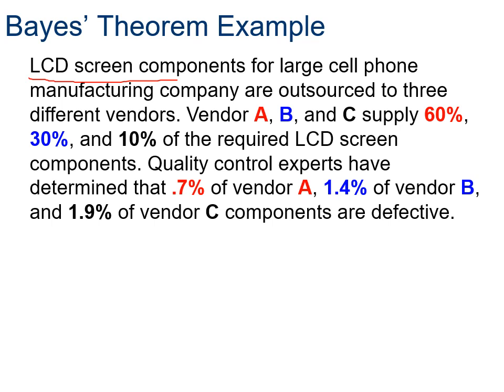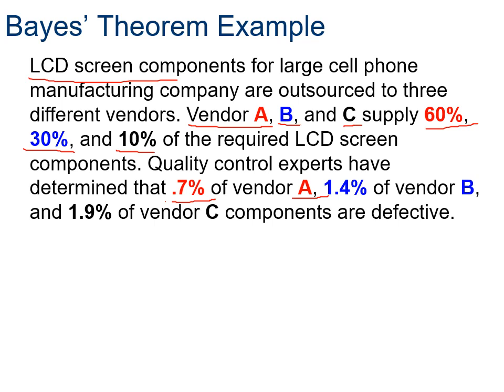So let's say, for example, vendor A supplies 60% of the screens to the cell phone company. Let's say we got vendor B. Vendor B supplies 30% of the screens, and vendor C, the smallest one, is supplying 10% of the screens. The quality control experts have found that of the screens made by vendor A, 0.7% are defective.